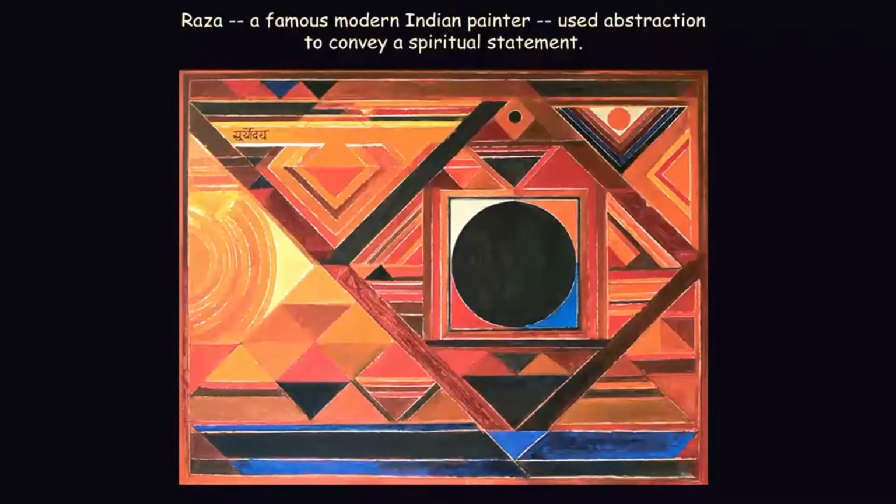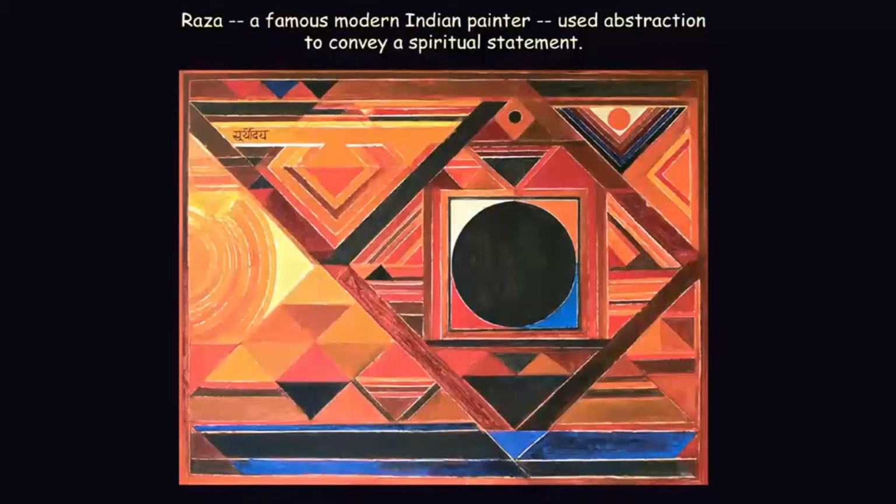And finally, you may also come across abstract paintings whose ideas are rooted not in the processing from the familiar to unfamiliar, not in the play of pure geometry and shapes and forms, but in a certain notion of spiritualism.